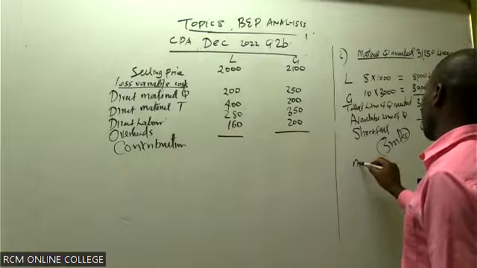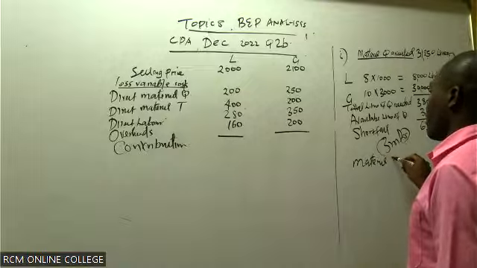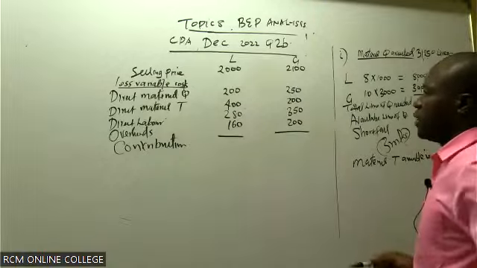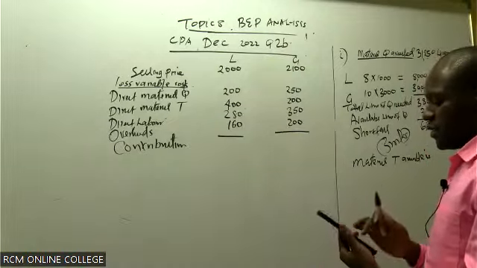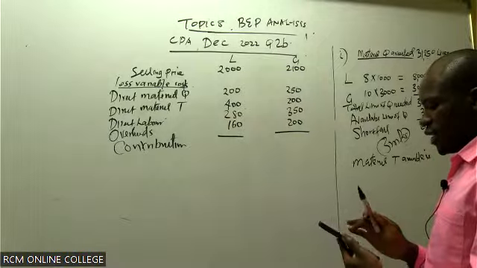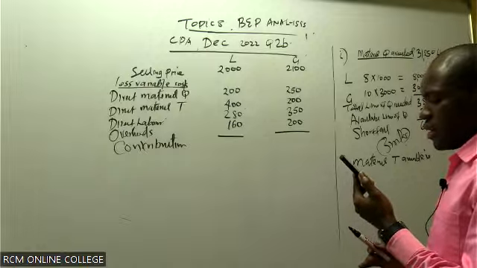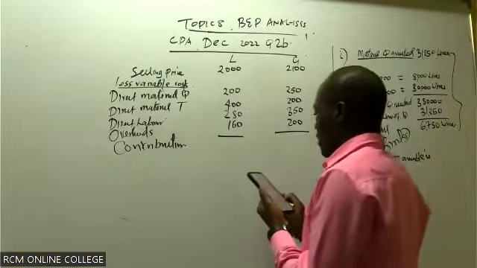Then they come here and tell you material T available. Just look at it. Is material T given in liters or in kgs? Let's see. Material T is given in liters as well. So I want somebody to take this one here.